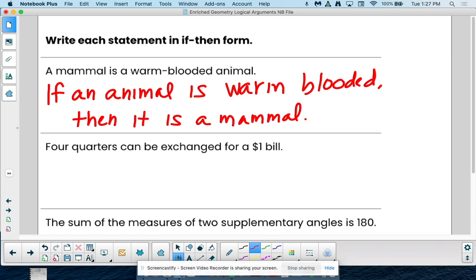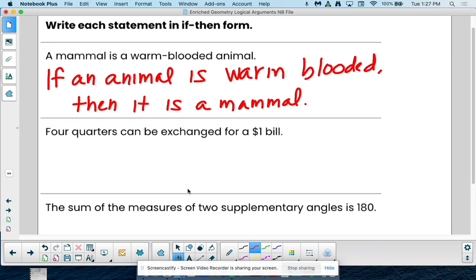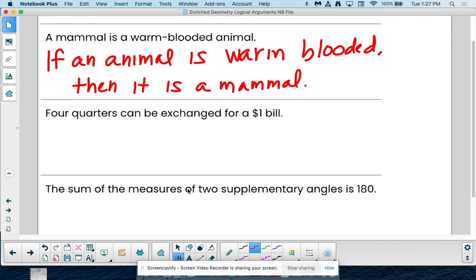Okay, what about 4 quarters can be exchanged for a dollar bill? Don't overthink it. If you exchange 4 quarters and you get $1. You have 4 quarters.